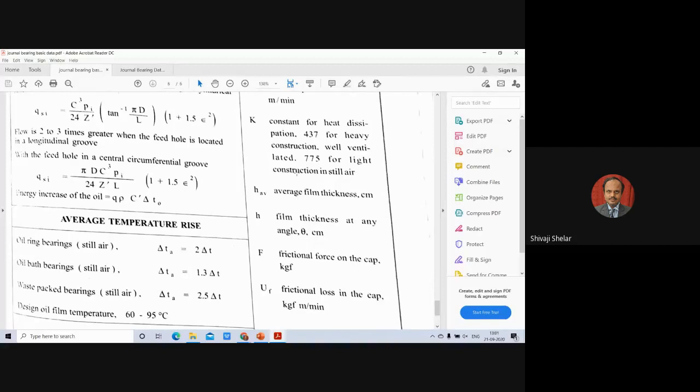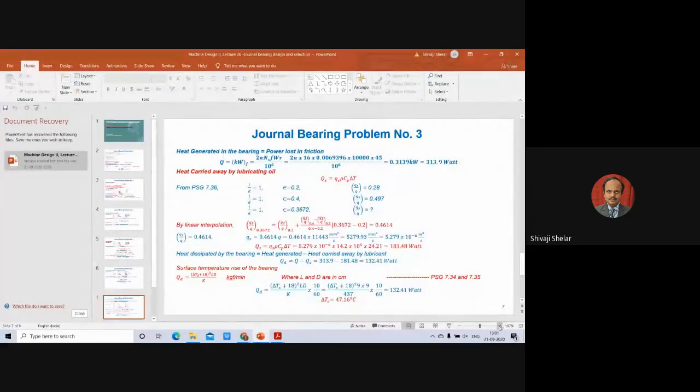If there is no proper ventilation and there is still air, that is, forced convection is not there but natural convection is there, then you can take K as 775. So I am assuming a well ventilated bearing, that is a forced convection bearing, and taking the K value as 437. By taking this K value, we can determine the delta T for the surface in the design calculation.